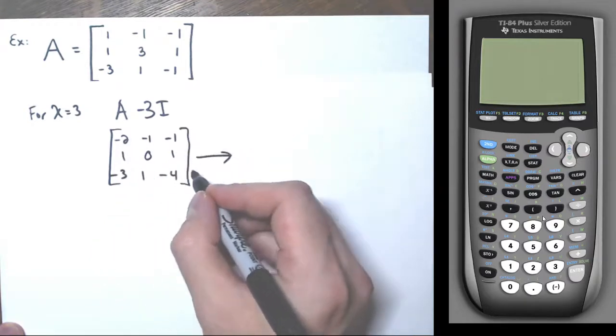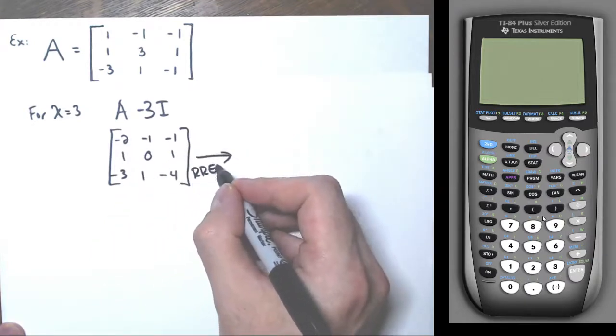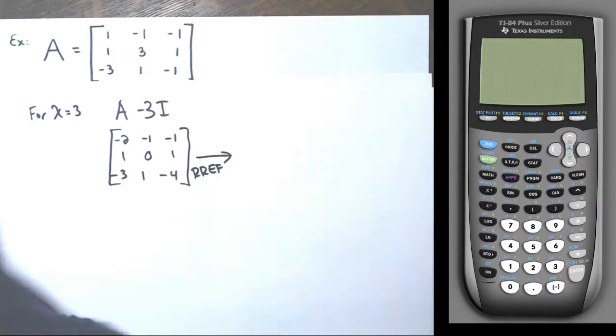Putting this into reduced row echelon form. Again, very easy to do on the calculator here, since all I need to change are the main diagonal entries. So that's -2 now. Then 0, and -4.